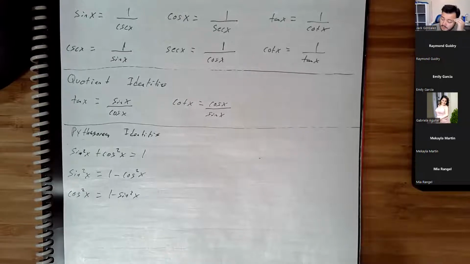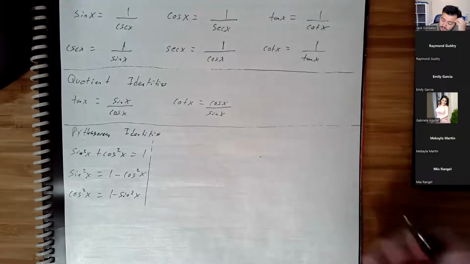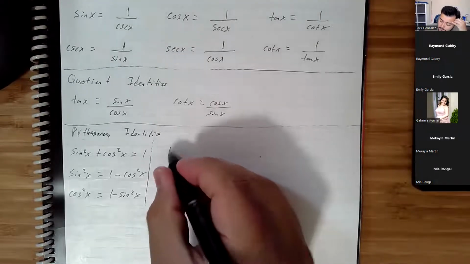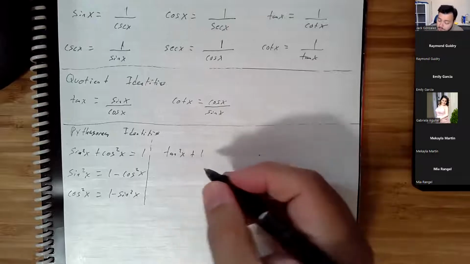Divide by cosine squared, and you'll get this guy.